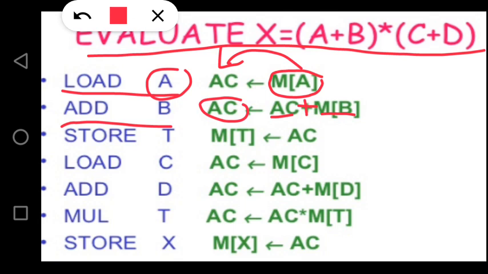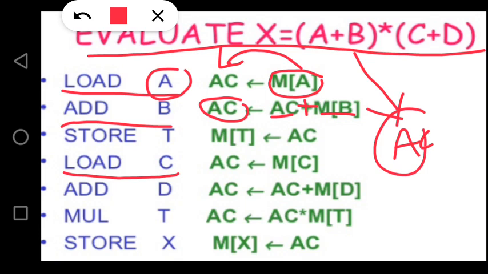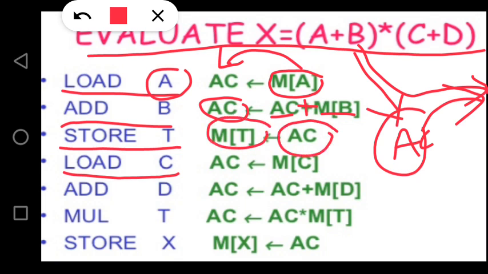Similarly, here it is important: you can't directly say load C, because the accumulator contains the result of A plus B. So this A plus B value has to be stored somewhere. For that reason, we say store T. So store the AC value at memory location T. Memory location T, remember, contains the result of A plus B.